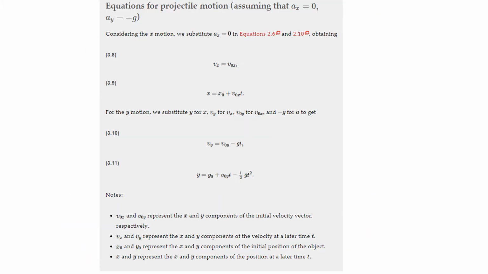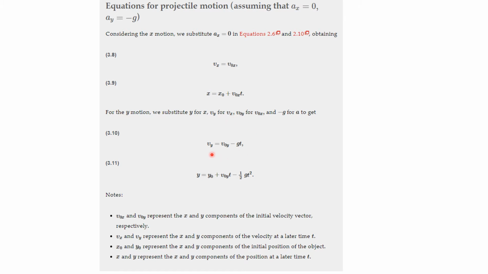So here's what we have. In the x direction, we have this going on. The velocity in the x direction is the x component of the velocity vector, and x is equal to x0 plus v0x times t. But the y direction is a little bit more complicated.